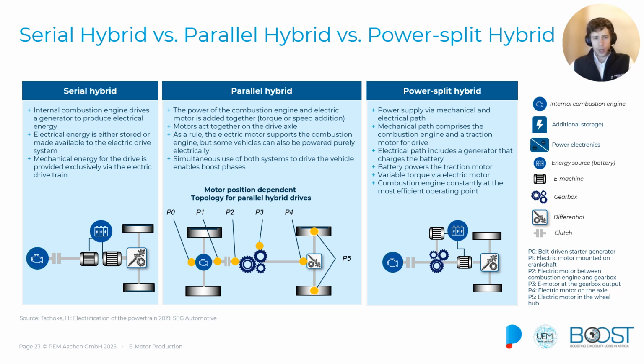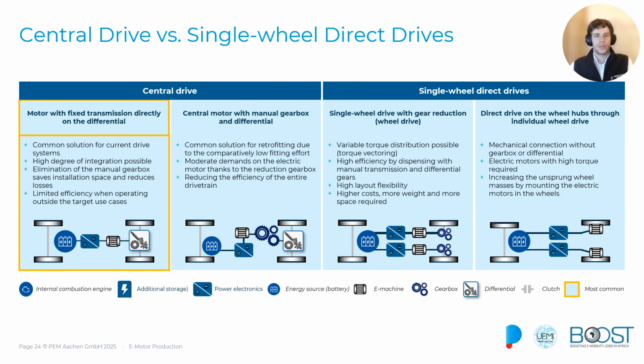And this always aims toward the internal combustion engine working in the most efficient operating point. In an all-electric vehicle, we can divide between a central drive with a kind of differential between the motor and the wheels, or single wheel direct drives.